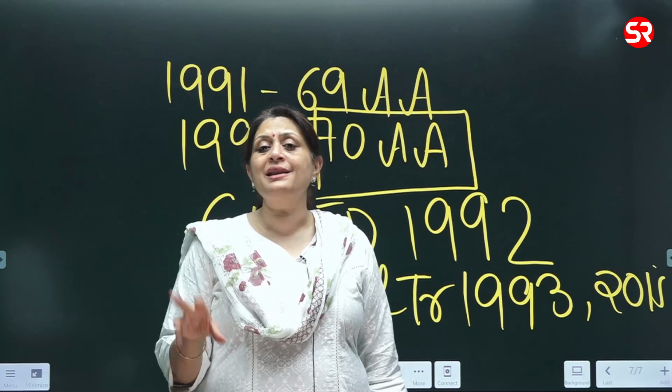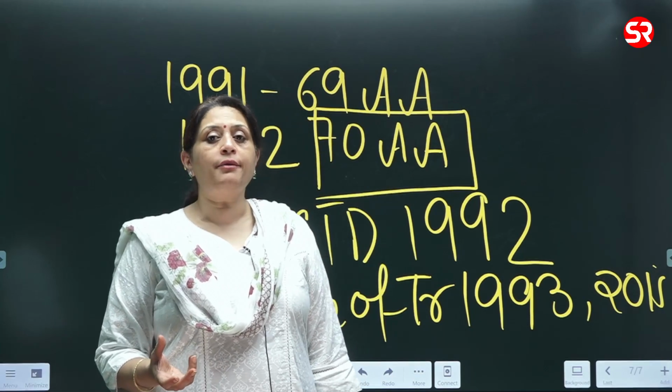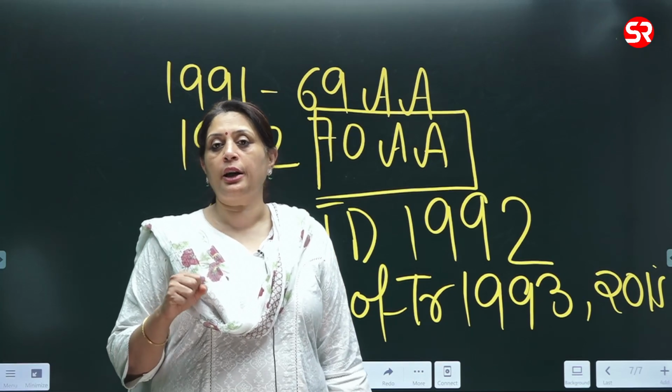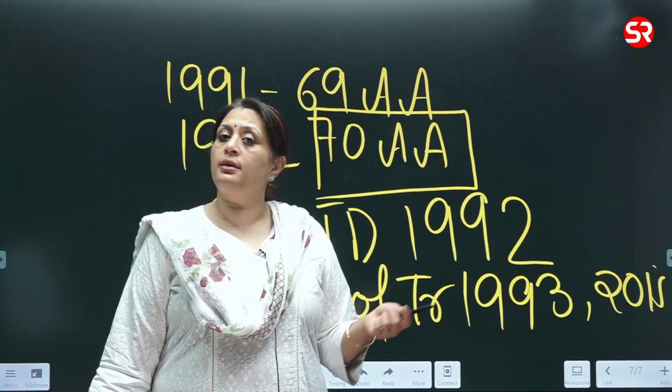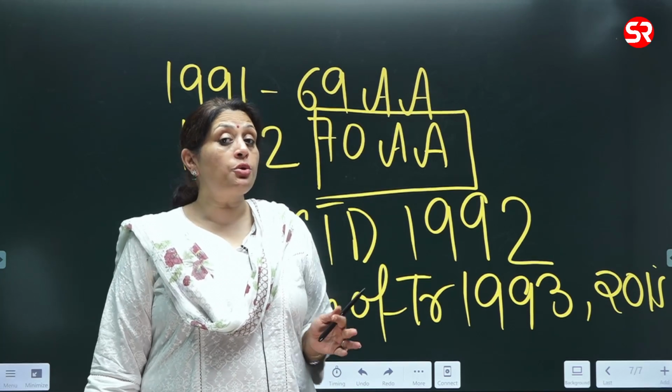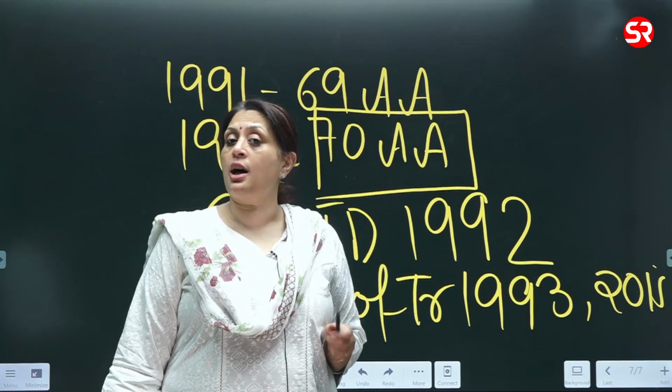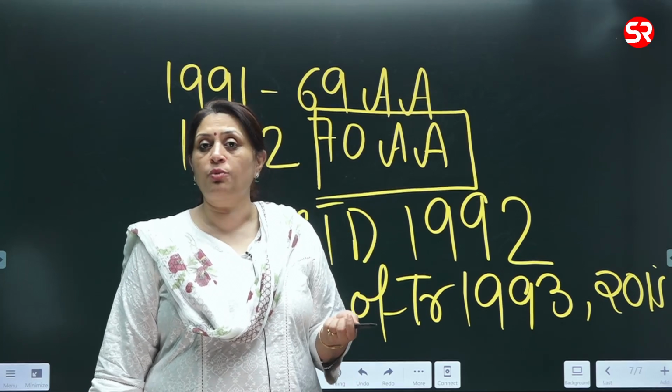Now, the recent trouble started when the AAP government came to power in Delhi and the BJP at the center. And as you know, AAP emerged out of the India Against Corruption movement.